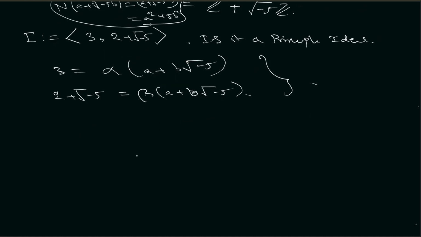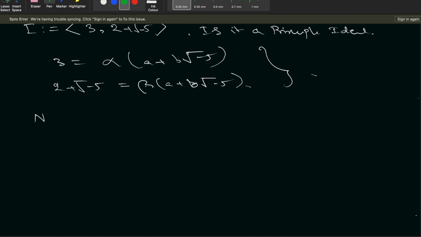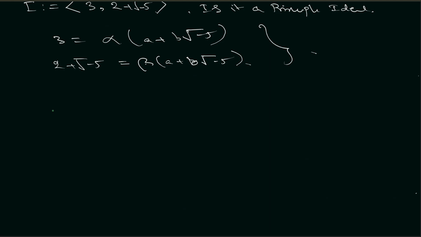Now you know this norm, right? So let me formally define the norm on this ring. The norm of a plus b square root of minus 5 is a plus square root of minus 5 times b into a minus square root of minus 5 times b.